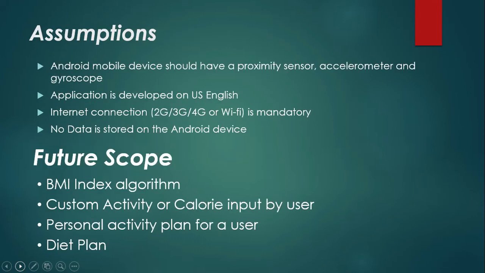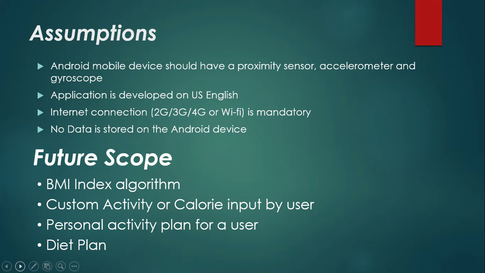A few assumptions have been made in the development of the step counter Android application. A user should have an Android mobile device which has a proximity sensor, accelerometer, and a gyroscope in order to track the footsteps and the motion of the body of the user. The application is developed based upon the US English language.